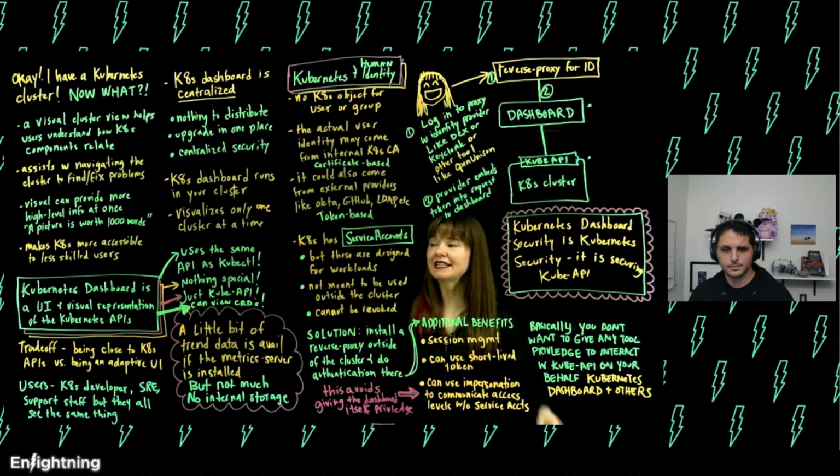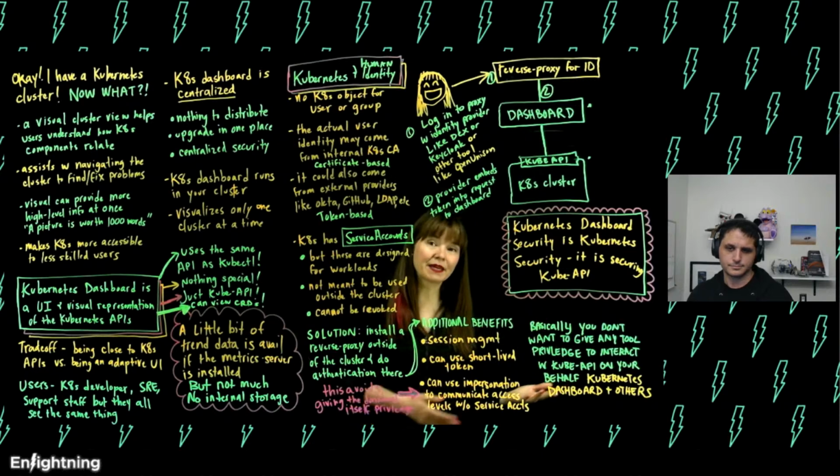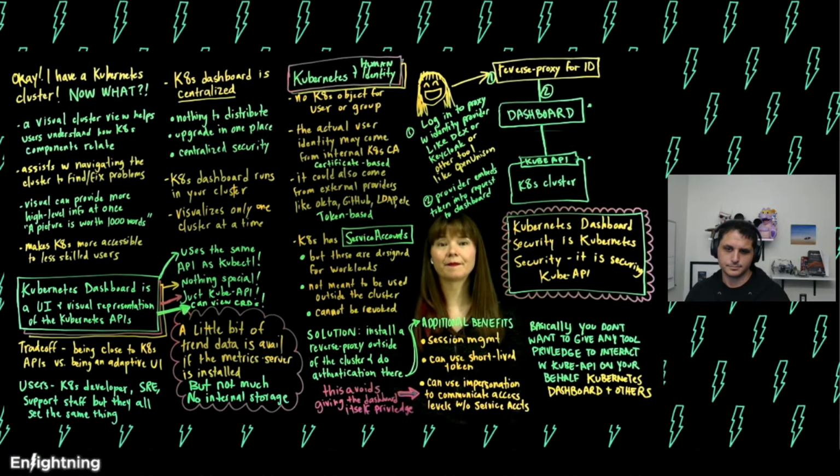So Kubernetes Dashboard itself is a UI, and it's a visual representation of the Kubernetes APIs. So it's very close to the Kubernetes APIs. This has advantages and disadvantages. There's no extra processing between the Kube API and you, so it can't do some more advanced things.